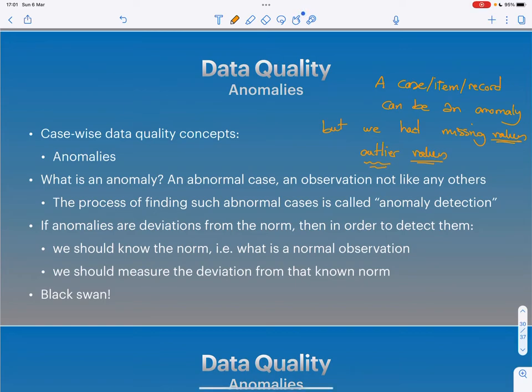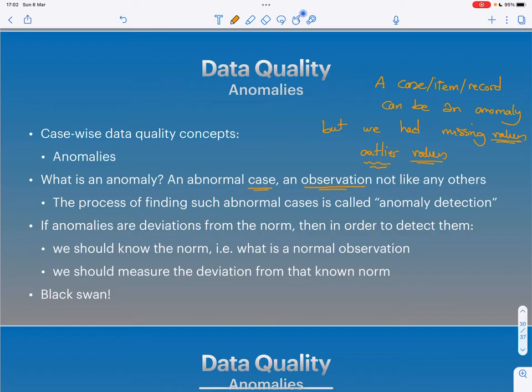So what is an anomaly? An abnormal case, an observation not like any others. So an observation, a case that is not similar to others, that is deviating from the others.